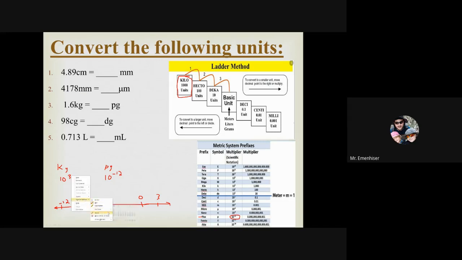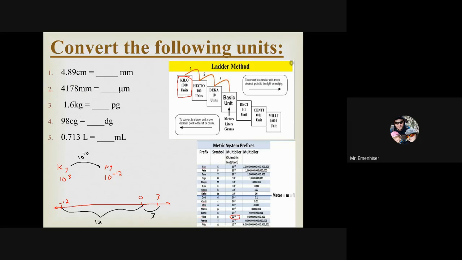So you ask yourself, how many jumps is it from 3 all the way to negative 12? Okay. So to get from 3 back to 0, that is a jump of 3. How many steps to get from 0 to negative 12? It's 12, right? And so how many total jumps? 12 plus 3. So the difference between these two units is 10 to the 15. 12 plus 3. 15 jumps.